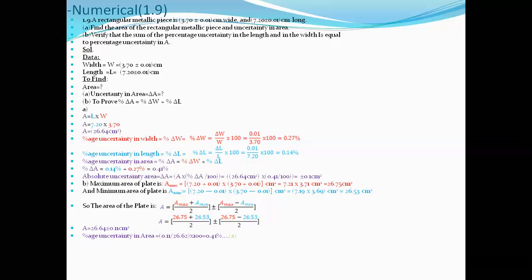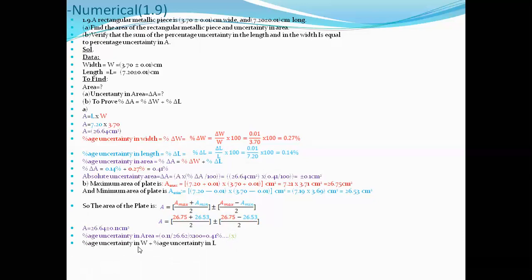We have the percentage uncertainty in the case of area, which is 0.11. We have to divide it by 26.62, which was approximately the value, and we have the value 0.41 percent. Let's call this equation X.